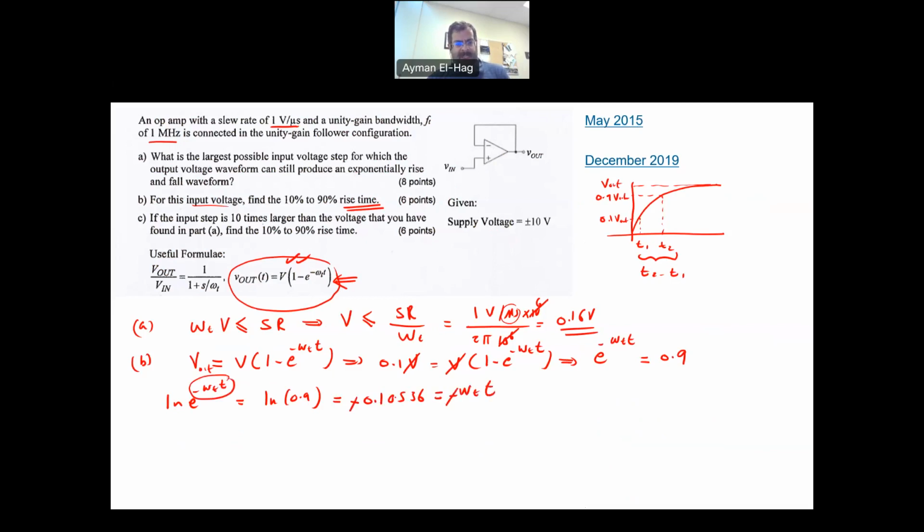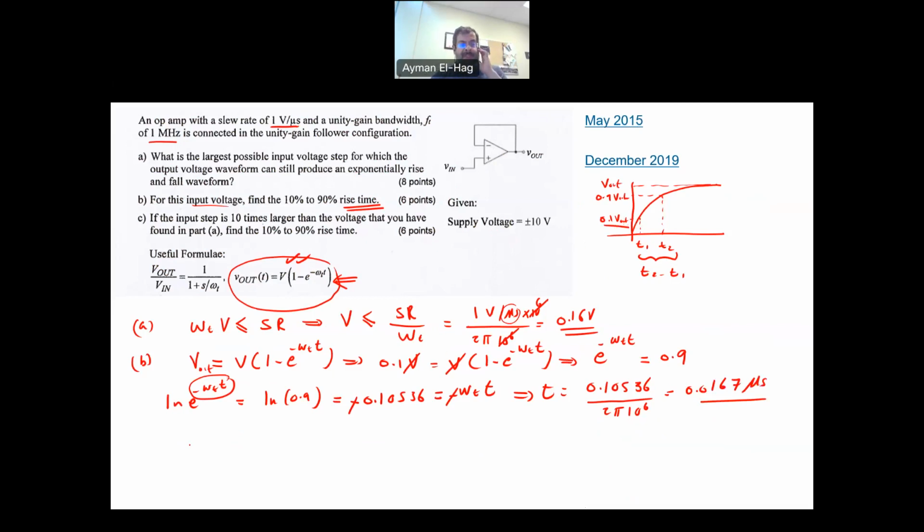The minus will cancel, and your t will equal 0.10536 divided by 2 pi f, where f is 10 to the power 6, the 1 megahertz, and you will do the calculations, you will get 0.0167 microseconds. So this is t1. This is how long it will take your signal to reach 0.1 of the maximum output voltage.